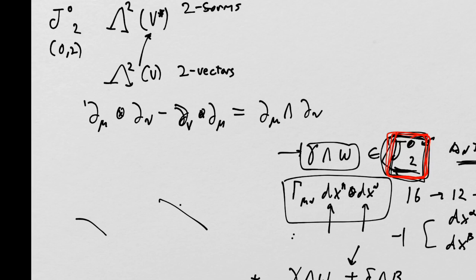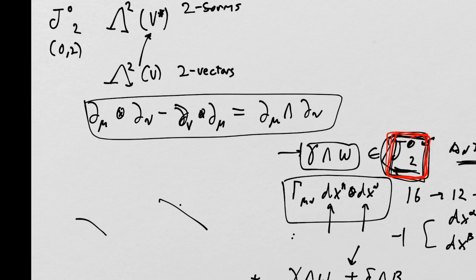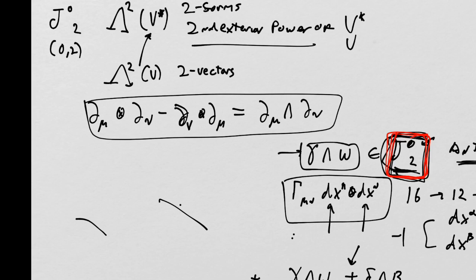So you can repeat this whole argument for any vector space. This is the second exterior power, and you can create the second exterior power of V star, of V, of basically any vector space.